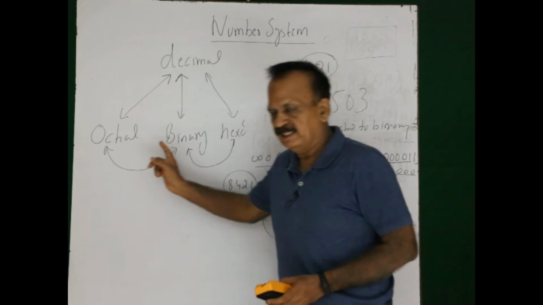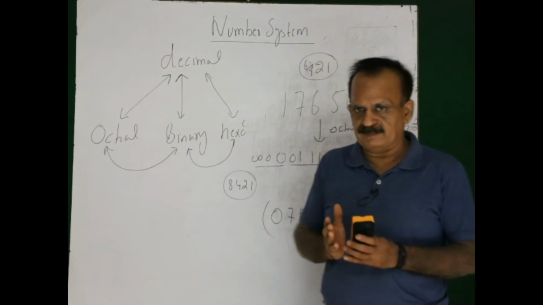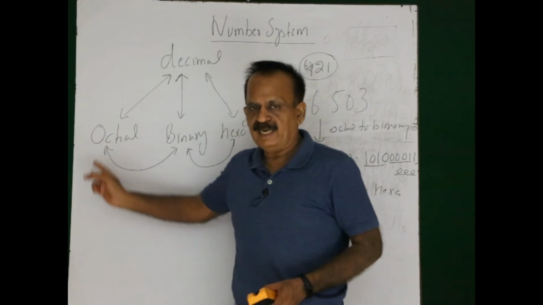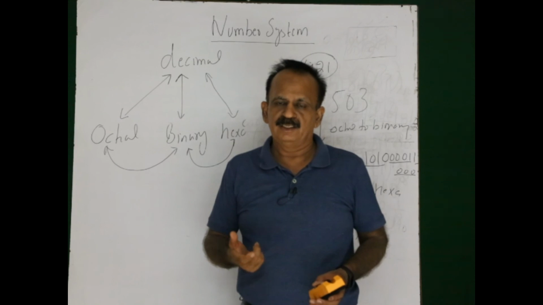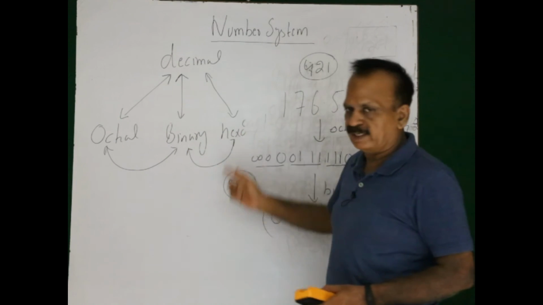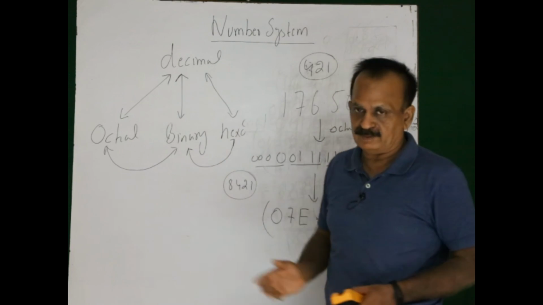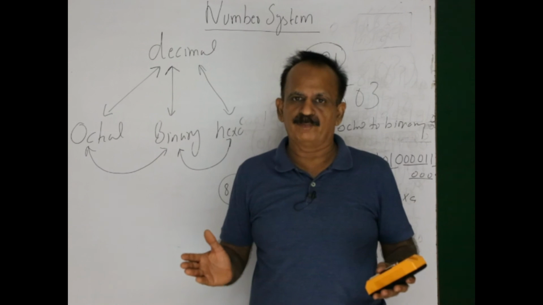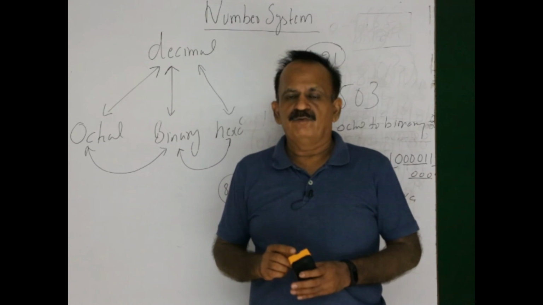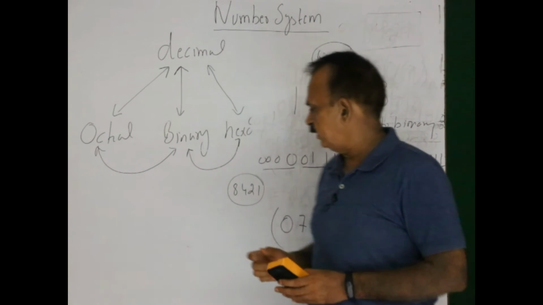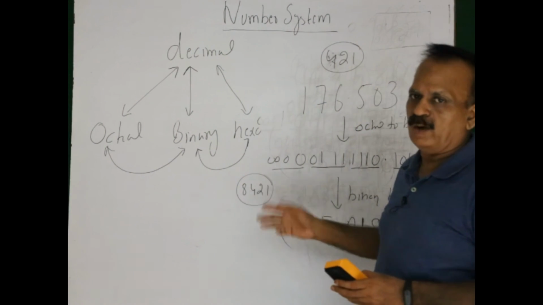In the reverse process, starting from the decimal point on both sides, we prepared groups of 3 bits, and for each 3-bit combination we used the octal digit. Similarly from binary to hexadecimal, starting from the decimal point we prepared groups of 4 bits, and for each 4-bit combination a hexadecimal digit is given by using the code 8421.